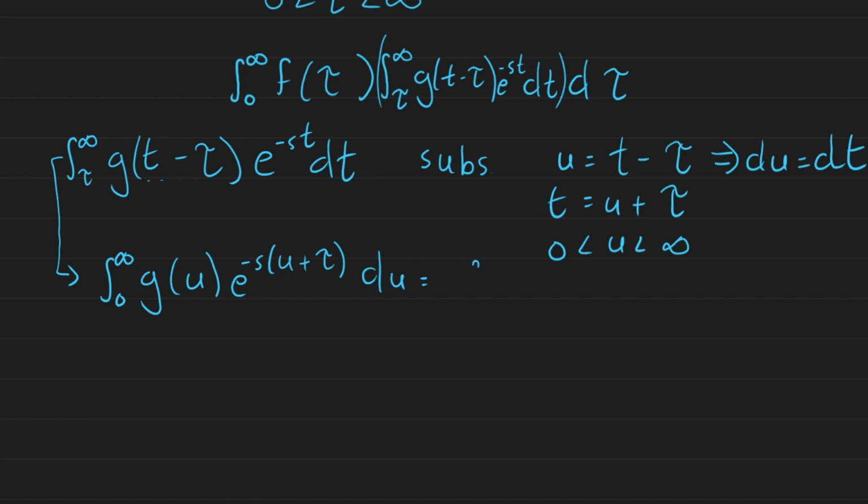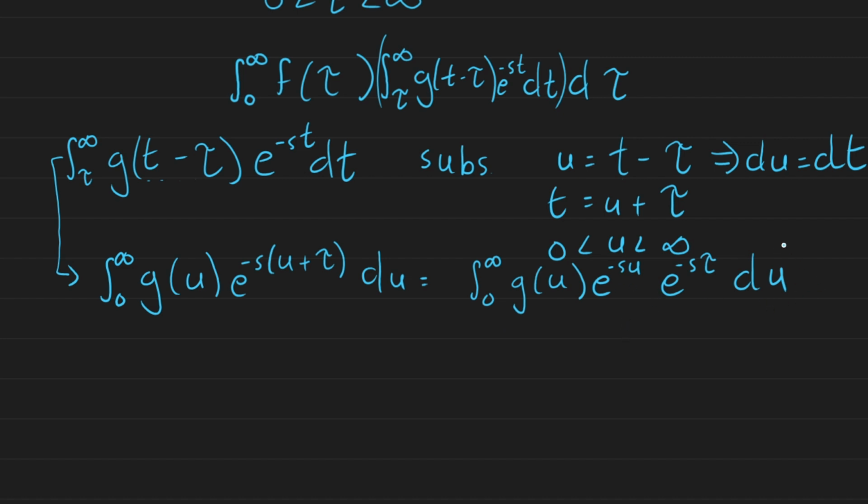So we have this integral from 0 to infinity of g of u times e to the minus su times e to the minus s tau times du.